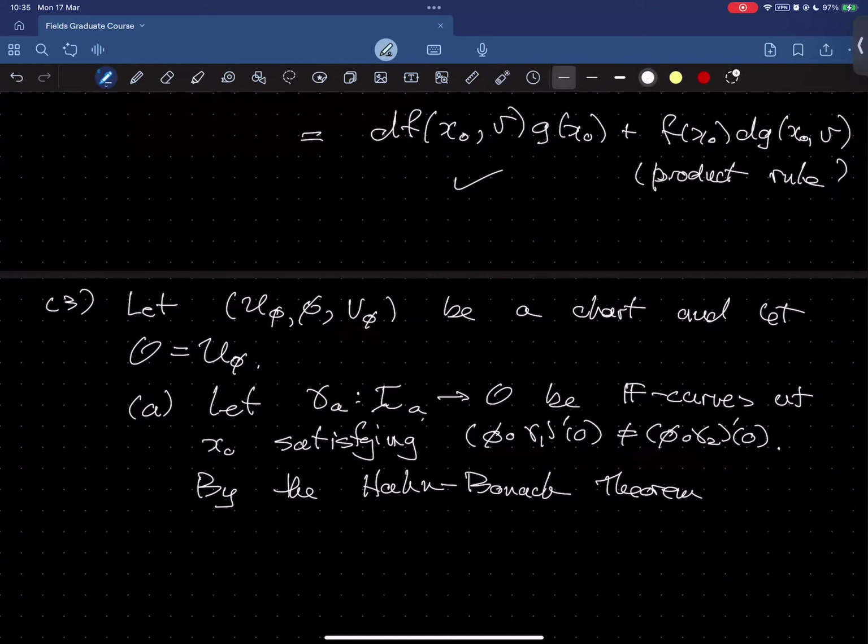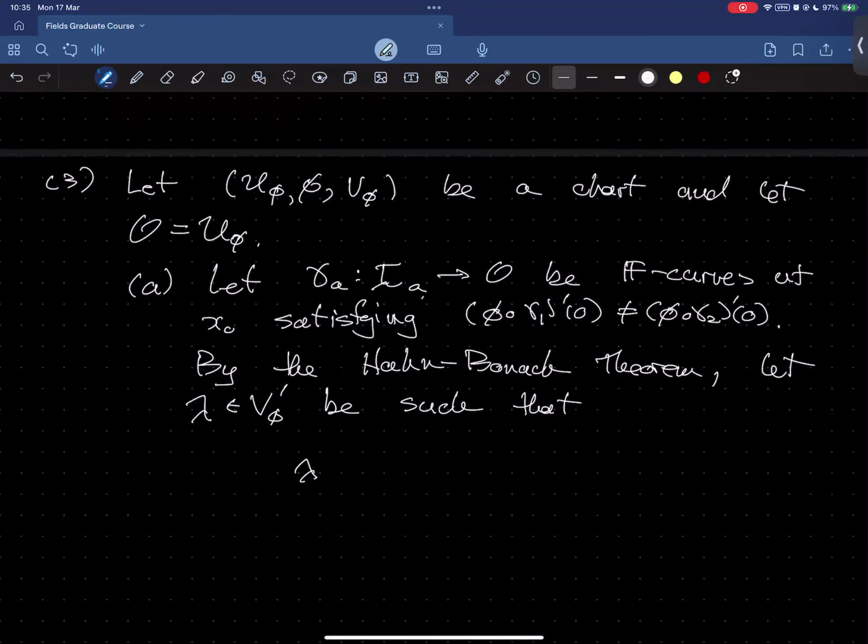So by the Hahn-Banach theorem, let lambda be in the topological dual, such that lambda of phi composed with gamma 1 prime of 0 is not equal to lambda of phi composed with gamma 2 prime at 0. Okay.